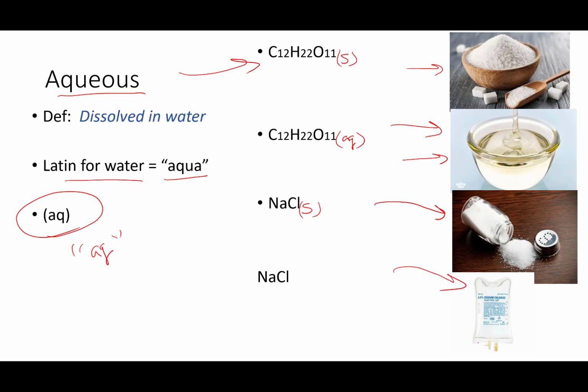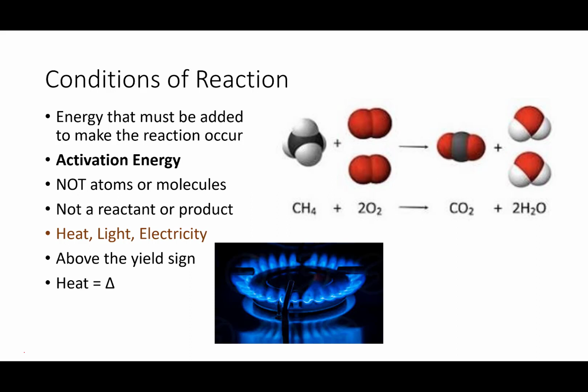And this is a saline solution that might be used to give a patient a nice IV of some liquids. That's just going to be NaCl(aq). Again, the concentration of the solution is not indicated, but by that simple subscript, I can say a lot in a very short amount of space, and that's what we try and do in a chemical reaction.